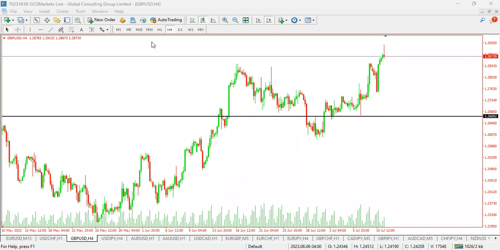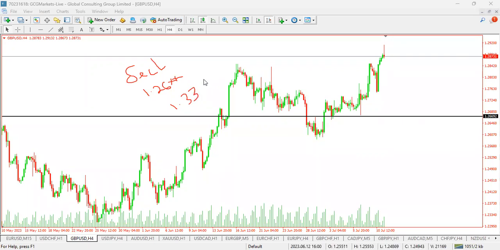This is all I can see on GBPUSD. Ultimately, we are expecting a sell to 1.26 thereabouts, for a buy to 1.33.